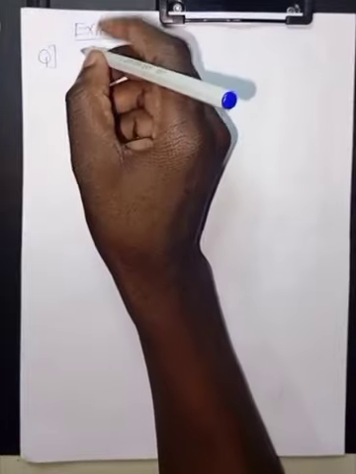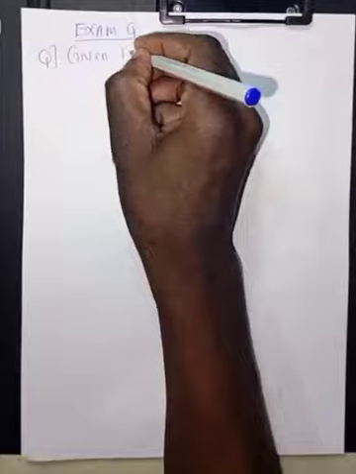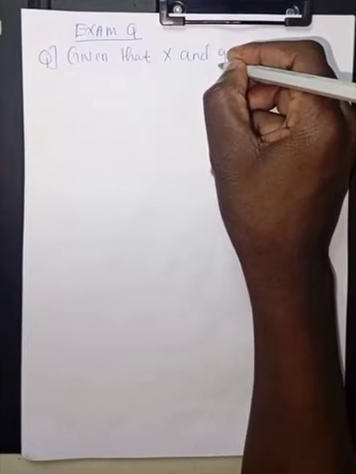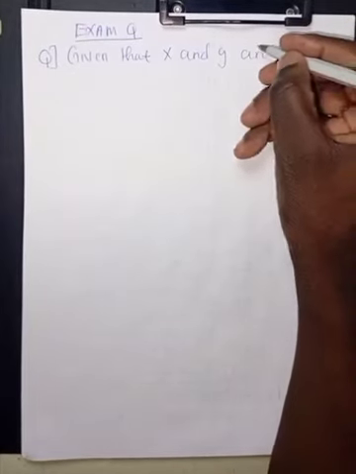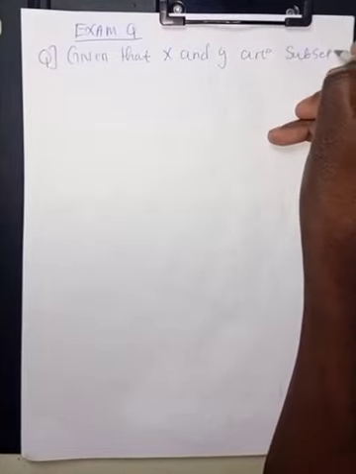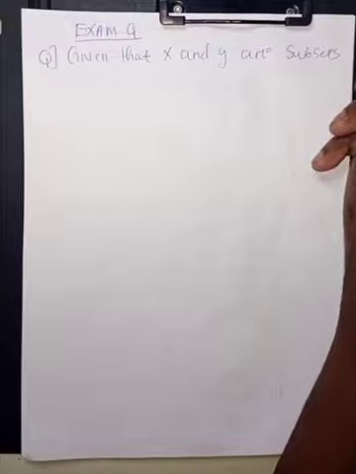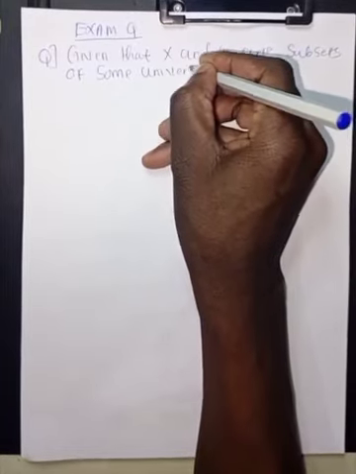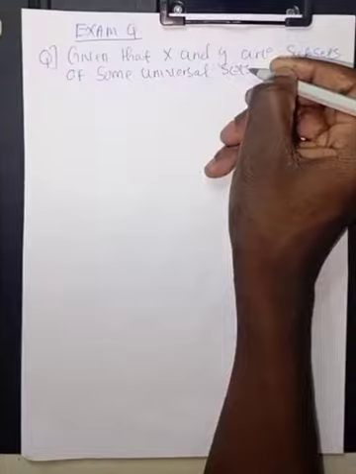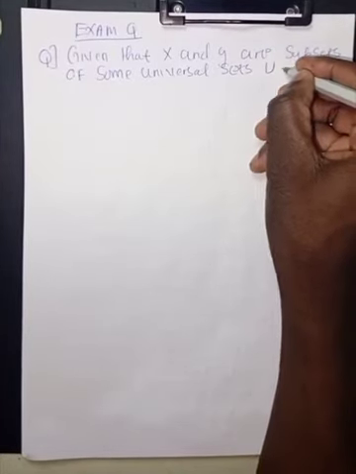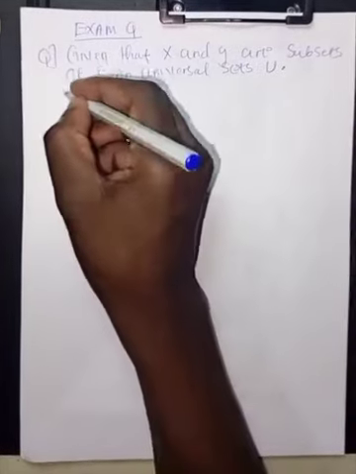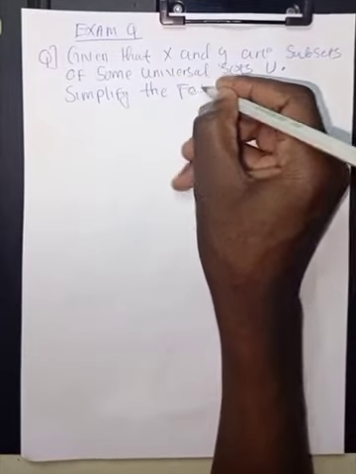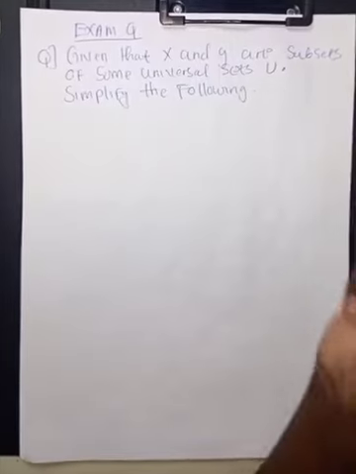So the question is: given that X and Y are subsets of some universal set, which is basically U. Simplify the following.